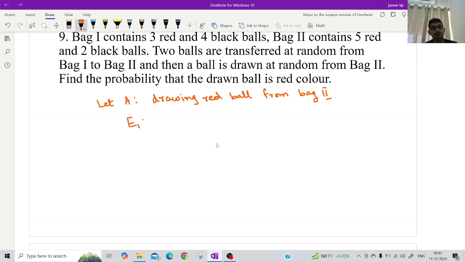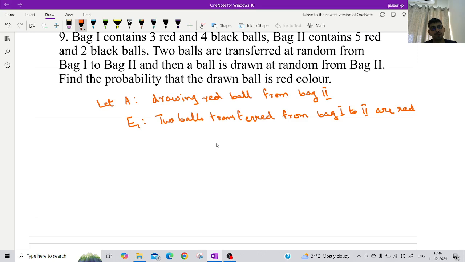E1 is about the transferred balls: the 2 balls transferred from bag 1 to bag 2 are both red.